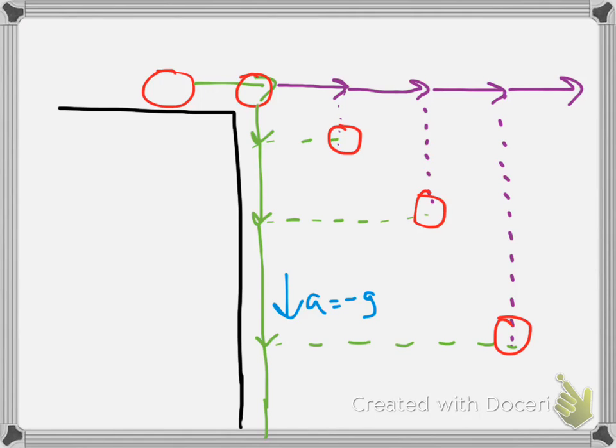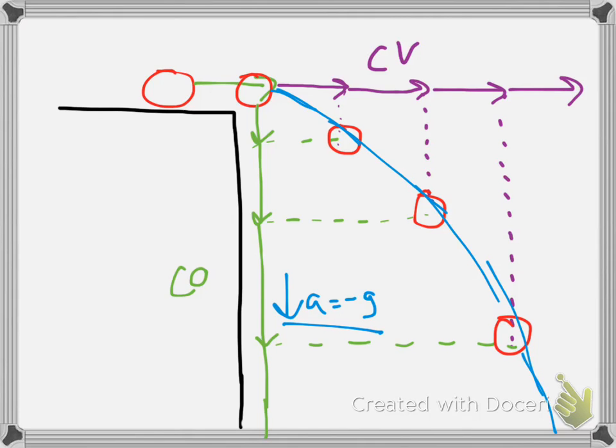Okay, and you might be able to tell that we start to get this curvature going on, and we do the actual path of it in blue, so we get this kind of curvature, because we would know that the 4th second would be even further down. And that curvature might actually look familiar to you. It is a parabola, and that parabolic motion comes from the idea that we have two different motions going on. We have acceleration in the vertical direction, but we have a constant velocity in the horizontal direction. So we have constant acceleration in the vertical, we have constant velocity in the horizontal.